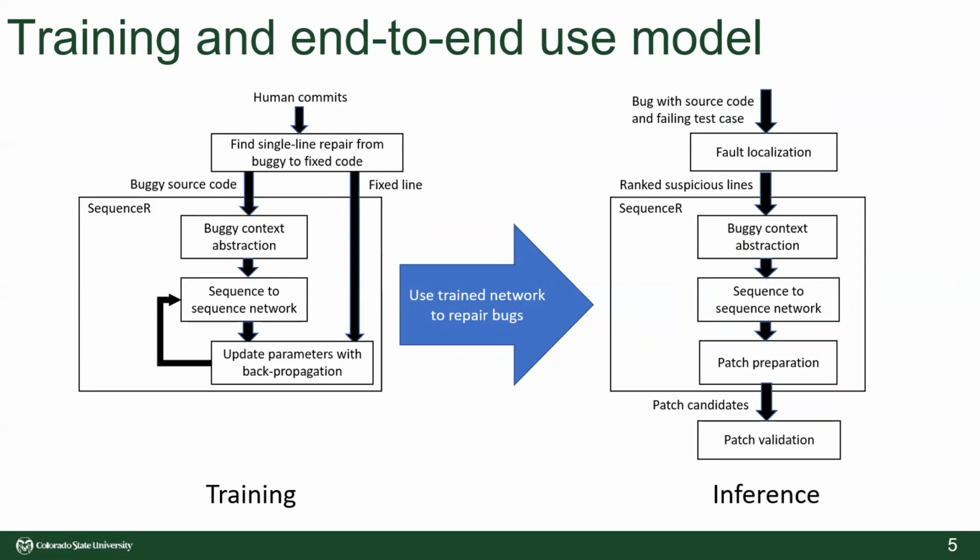Our use model is to take cases where you have a test failure in your project, you run fault localization, and given a buggy line identified, you create the buggy context abstraction, and the sequence-to-sequence network is then used to generate a patch which can be validated before humans are involved in the loop to approve the fix.